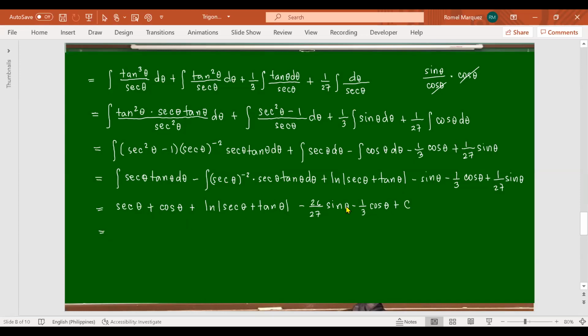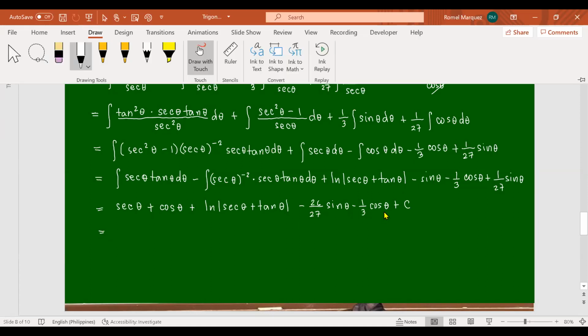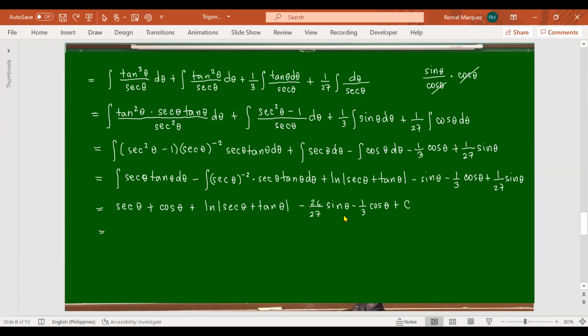Meron pa palang pwede i-combine, no? Combine muna natin, this part and this part. Secant theta, 3 over 3 plus 1 over 3 plus negative 1/3. That is 2/3, 2/3 cosine theta. Am I correct?